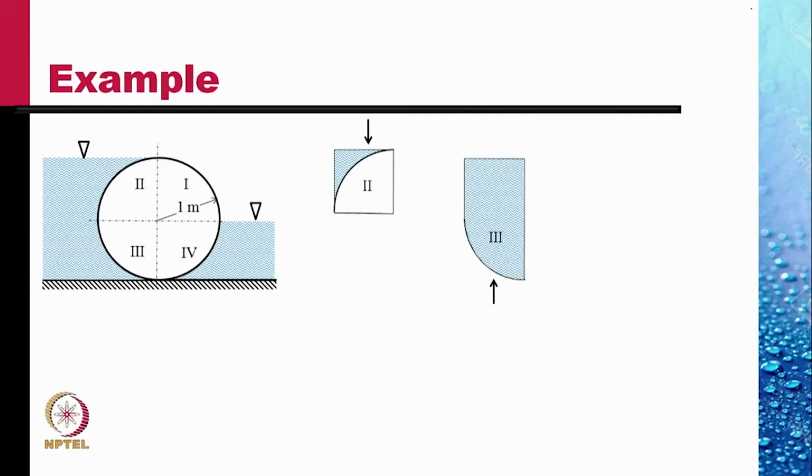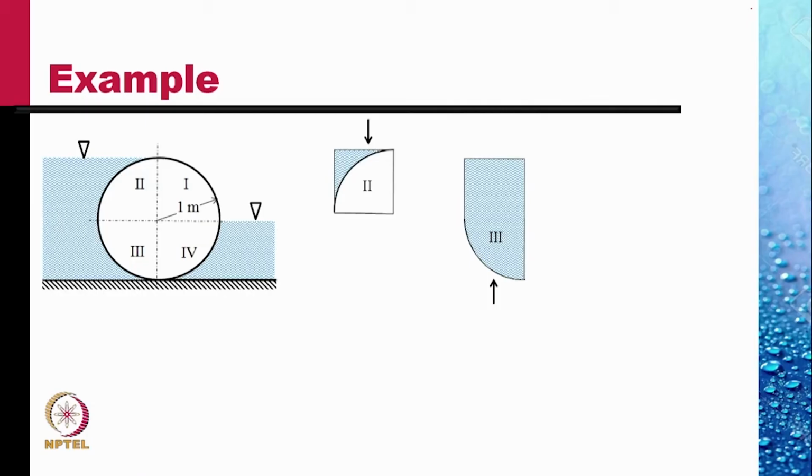This would be a weight which is downward, but from the very first slide in this lecture, we have shown that the force on the upper surface would be the same as the force on the bottom surface. So, the vertical force, which is upward on this surface in quadrant 3, would be equal to the weight of this area of the liquid shown.